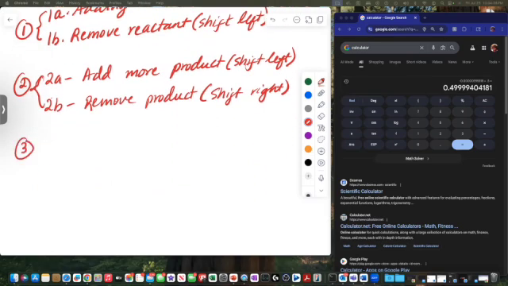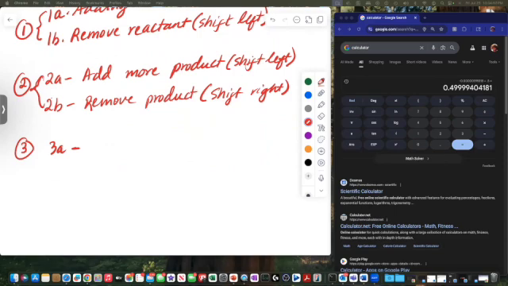Okay, number 3 is we can change the temperature. So with this one here, let me just break it down like I did. 3A. For this part here, you have to specify if your reaction is endothermic or exothermic.